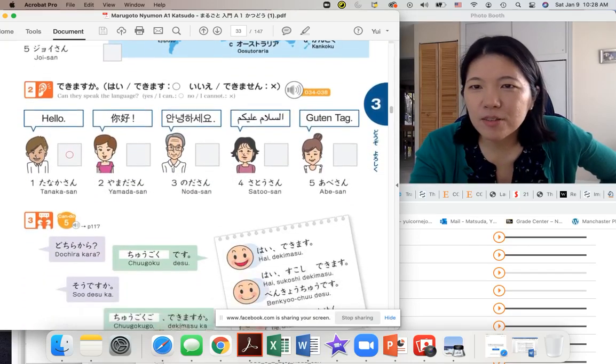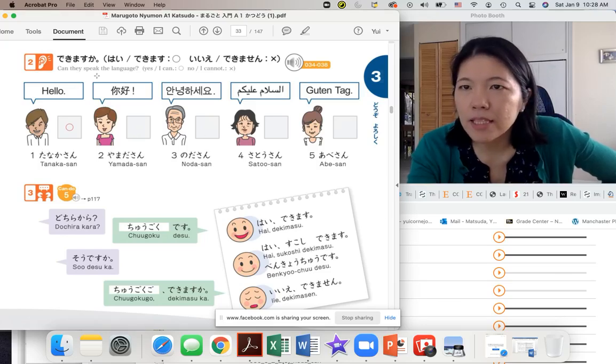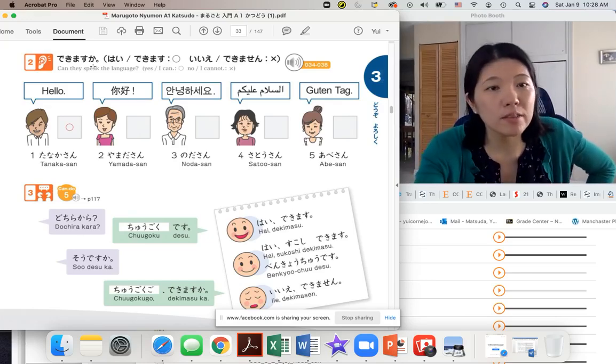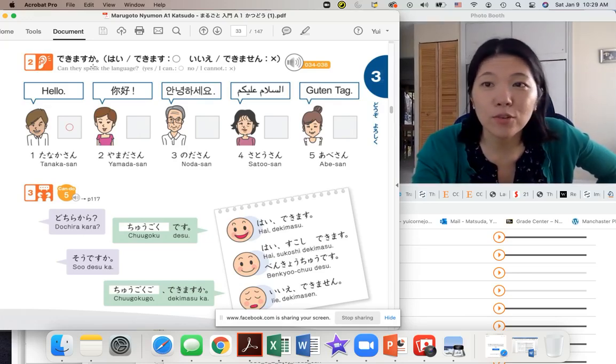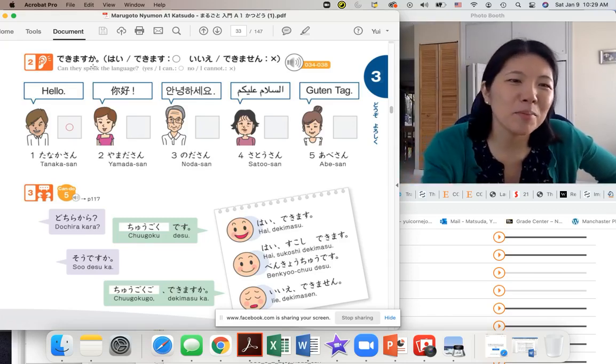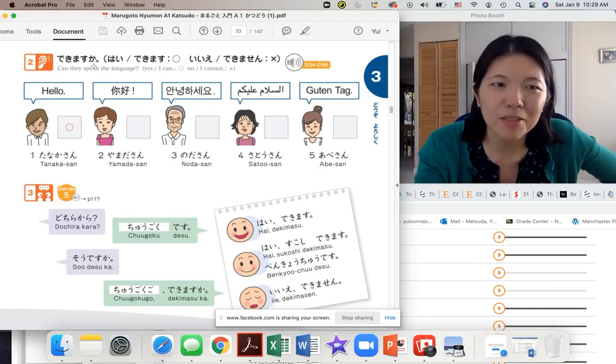And next one is also listening. And can they speak the language? できますか? So 日本語できますか? So can you speak Japanese? できる means to be able. So it's not necessarily speak, but that's what it refers to.